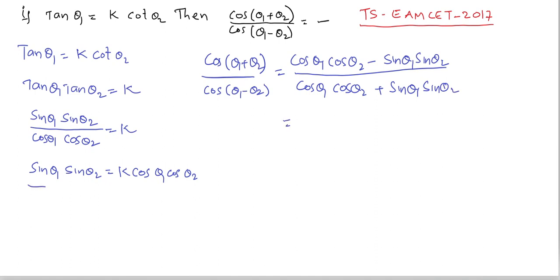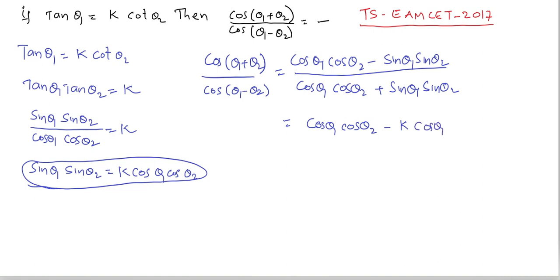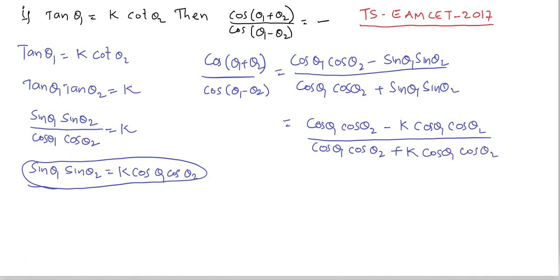So substitute this value, sin theta 1 sin theta 2 is equal to k cos theta 1 cos theta 2, in this equation. That is, cos theta 1 cos theta 2 minus k cos theta 1 cos theta 2 over cos theta 1 cos theta 2 plus k cos theta 1 cos theta 2.